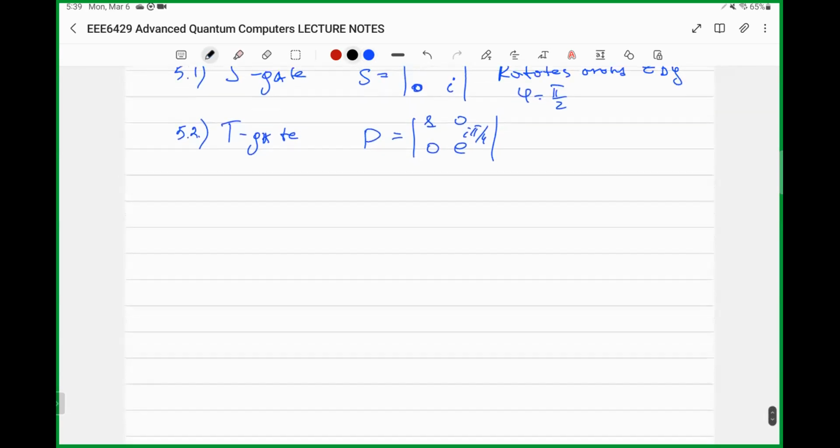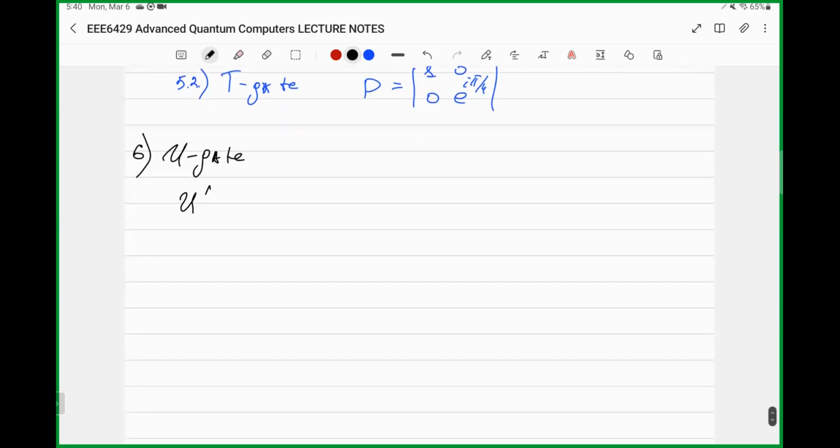And finally, the most general type of single-qubit gate that we also discussed last time is the U gate. The U gate brings all the gates that we already discussed under the same umbrella, right? So we parameterize this gate by 3 parameters: theta, phi, and lambda.